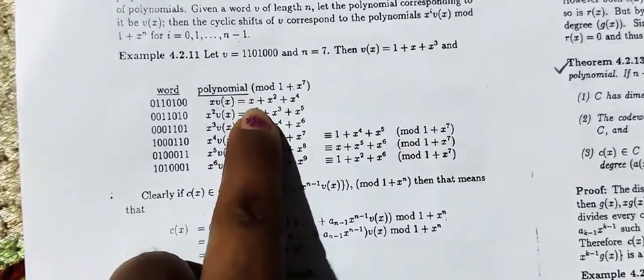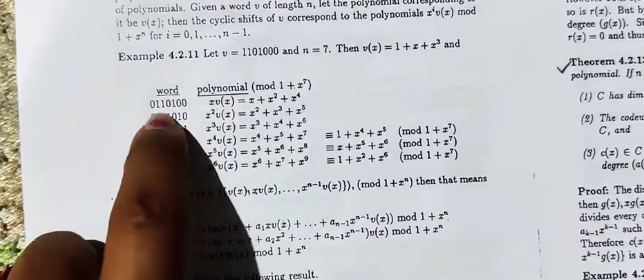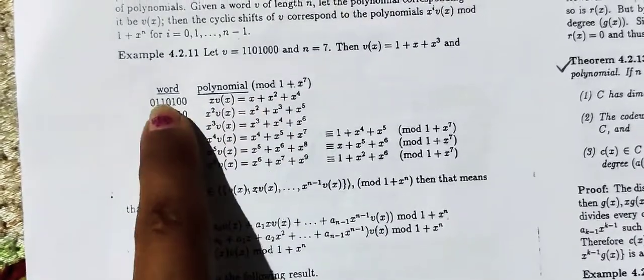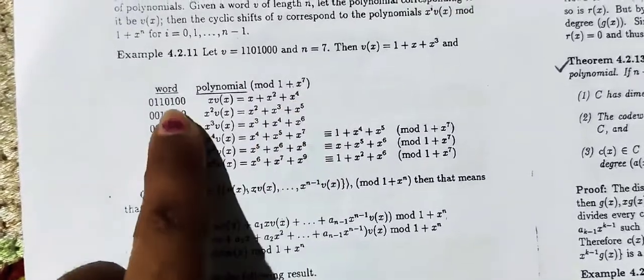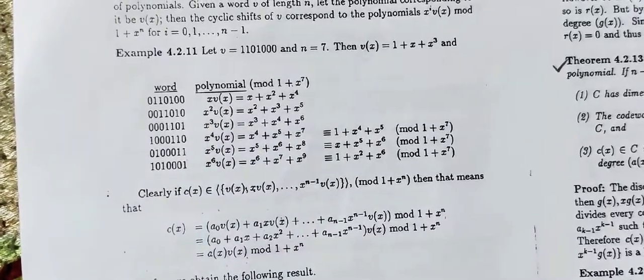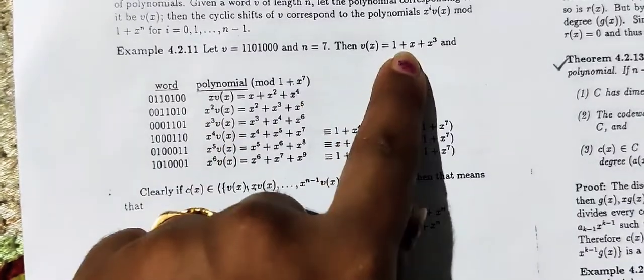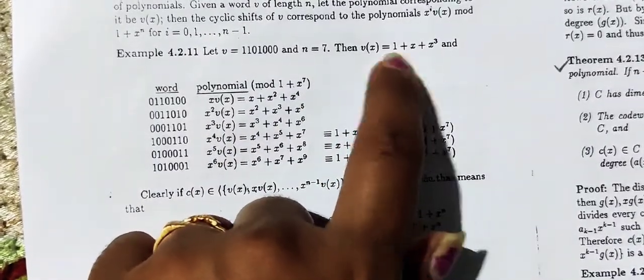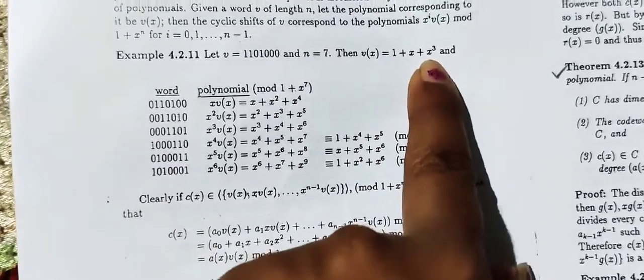So this means 1 in position 0 is absent, x is position 1, x square is 1, and x cube is not here, so that entry is 0, and x raised to 4 is 1. The other two, x raised to 5 and x raised to 6, are 0. Okay. And x square times V of x is what? x square times V of x is x square plus x cube plus x raised to 5. Clear?